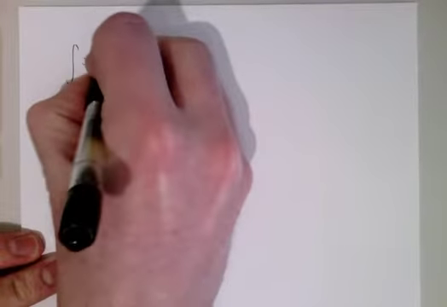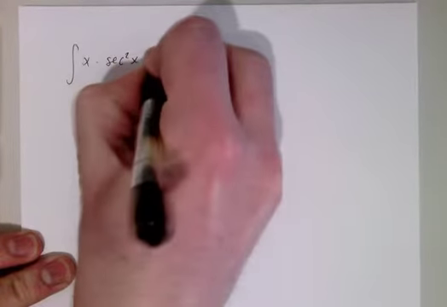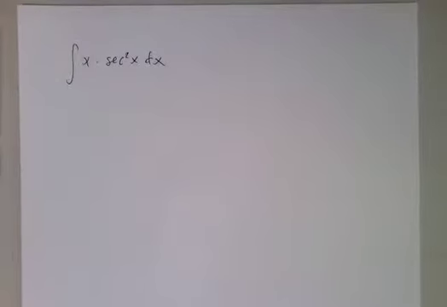How about we do x times secant squared x dx. Now this one should be even more obvious than the last one, okay? It should be even more obvious because secant squared should look extremely familiar. Secant squared is a recognizable derivative of something. It is the derivative of tangent.